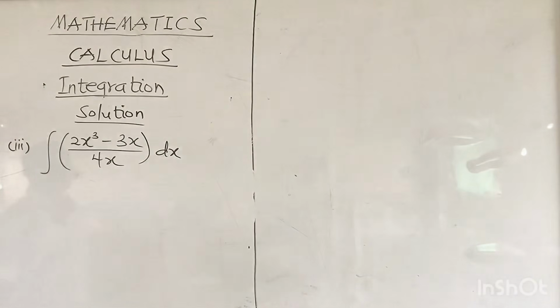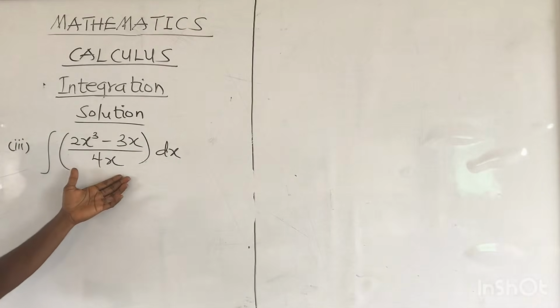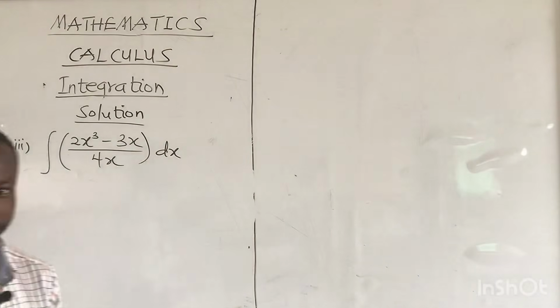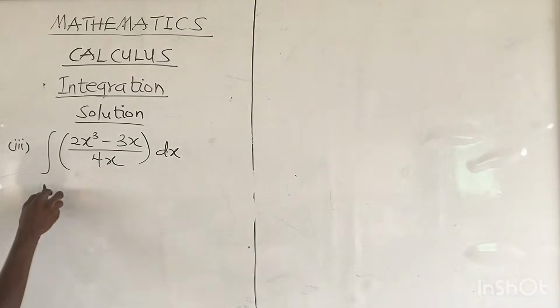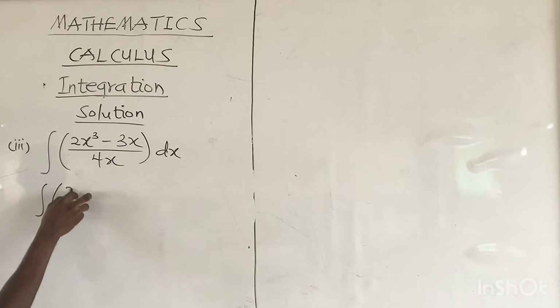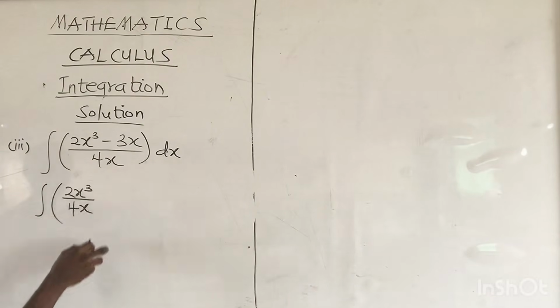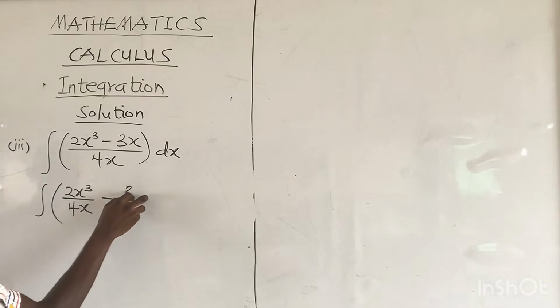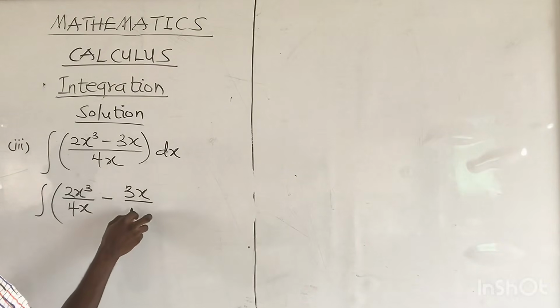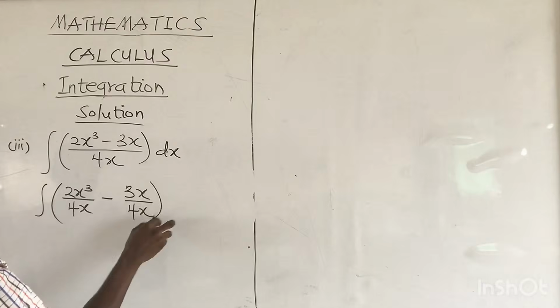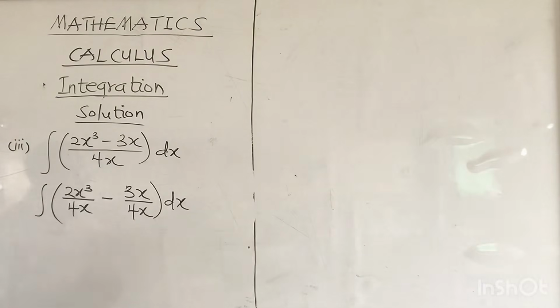So with this, before we can integrate, we need to divide through by the denominator. So we have the integral of 2x cubed over 4x minus 3x over 4x, still dx.